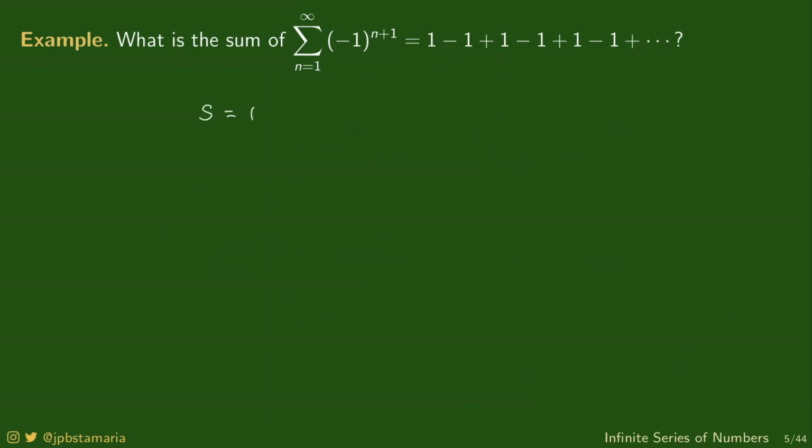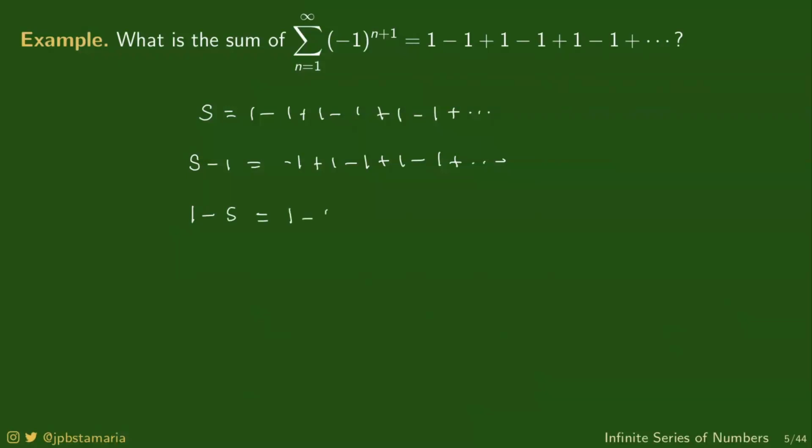Kasi kung tatawagin daw na S yan, okay, mag-subtract ka ng 1, tanggalin mo yung first term, ito yung matitira, no? Tapos, multiply ka ng -1 on both sides, you get something like this.